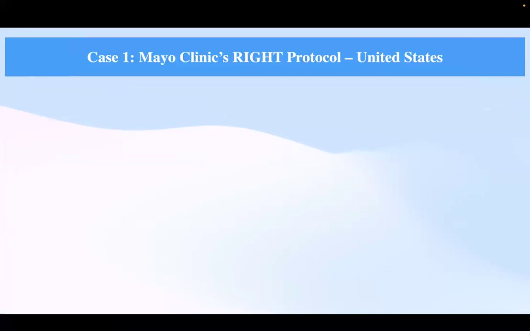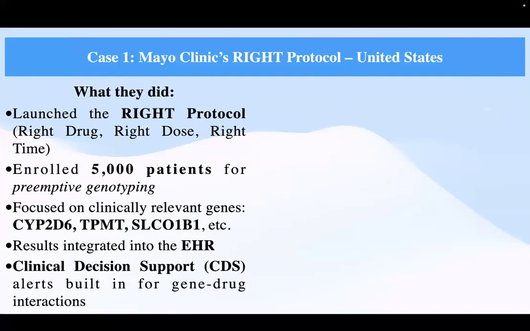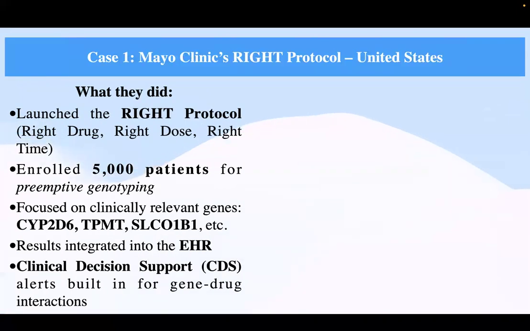Case one is Mayo Clinic's RIGHT protocol, United States. Let's understand what they did. They launched the RIGHT protocol: the right drug, right dose, right time, rational use of the drug, right? They enrolled 5,000 patients for preemptive genotyping, focused on clinically relevant genes like CYP2C19, TPMT, and SLCO1B1. I hope now you know SLCO1B1 is transporter based.